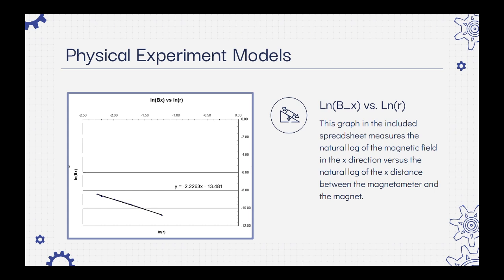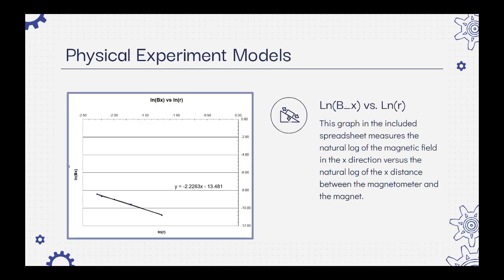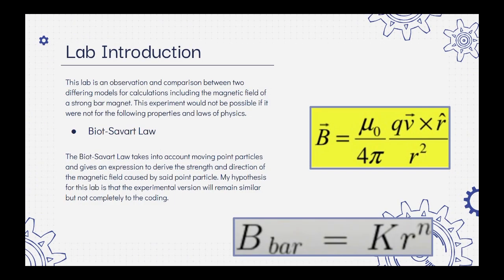It sort of draws a line with the slope negative 2.2263, and that value will be n. We can see our magnitude of magnetic field is k r to the n, and that n value is our slope.